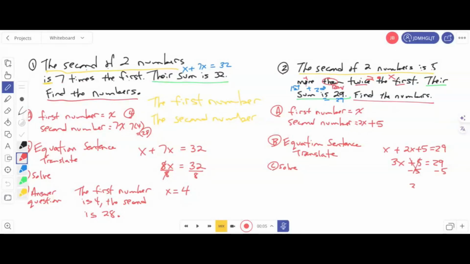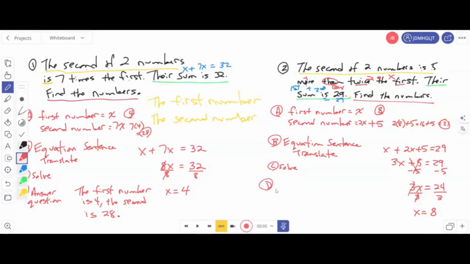The 5's add out, we're left with 3x. 29 minus 5 is 24. Undo multiplication or division. So since I'm multiplying by 3, I need to divide by 3. Divide by 3. The 3's divide out, we're left with x. 24 divided by 3 is 8. If I put 8 in here, the first number is 8, but the second number is 2 times 8 plus 5, which is 16 plus 5, which is 21.